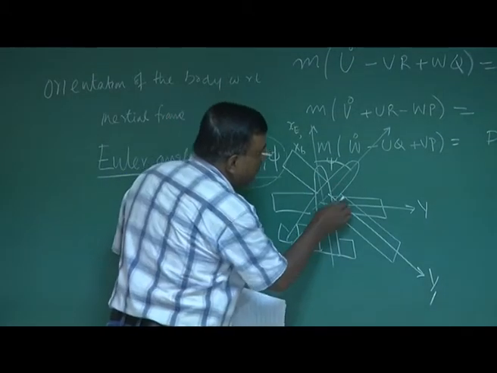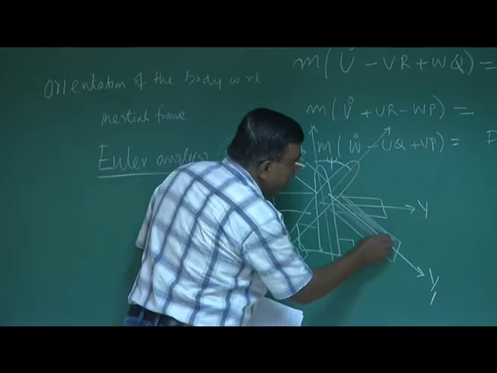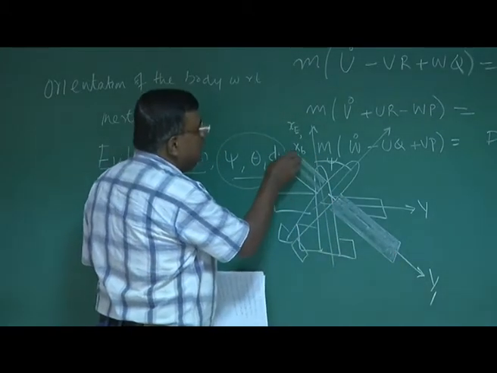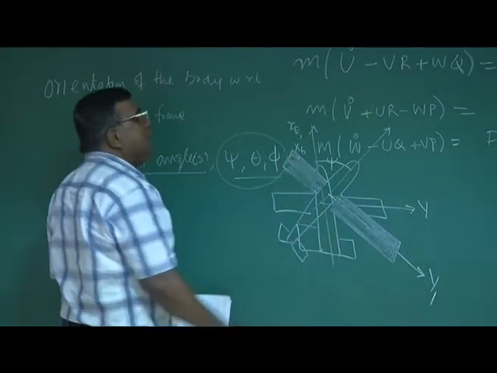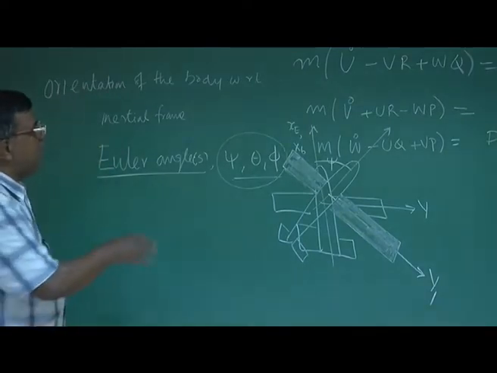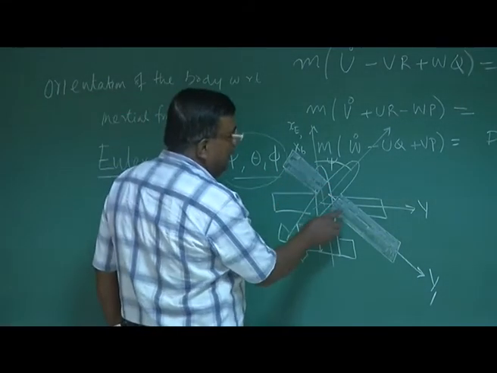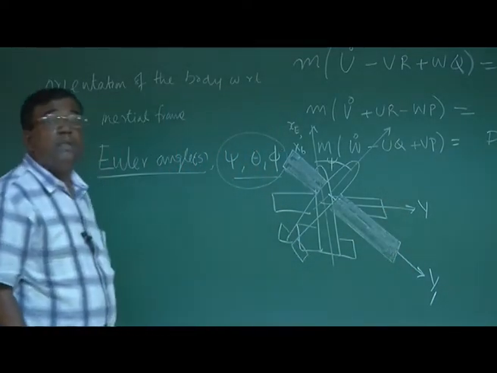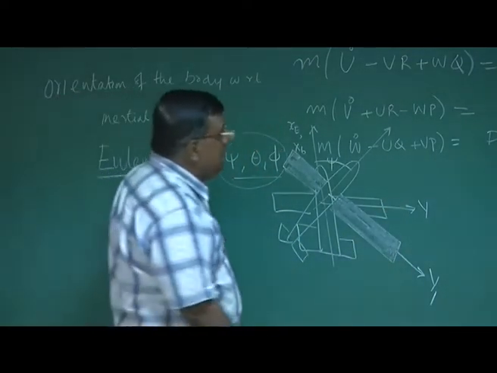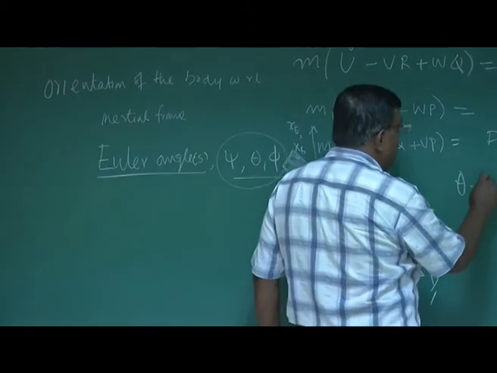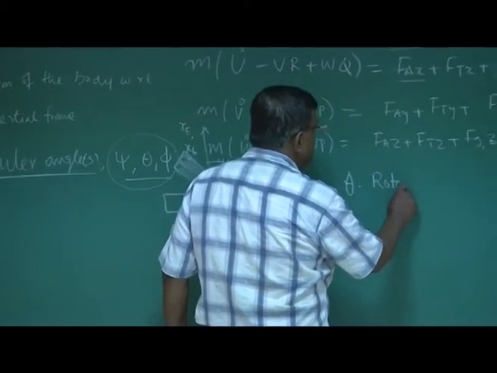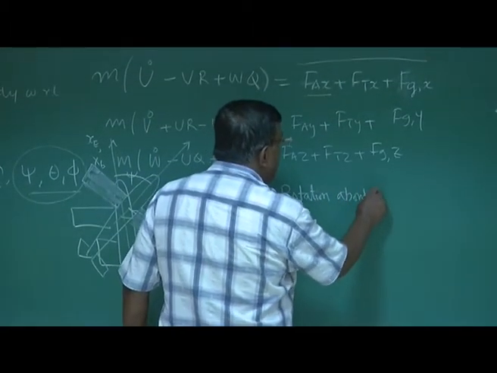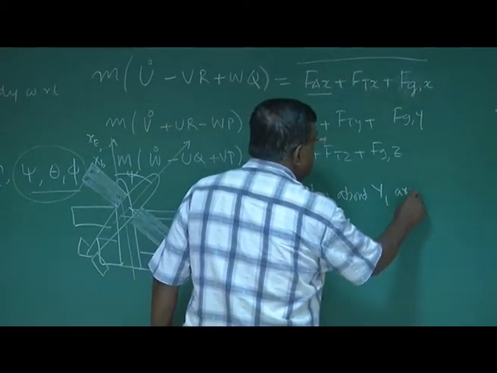If I make it a little more exhaustive for your understanding, this is the second orientation, after giving the psi rotation. Now what has happened? The y has become y1 because it's a body fixed axis. Now what is theta? Theta is rotation about the y1 axis.